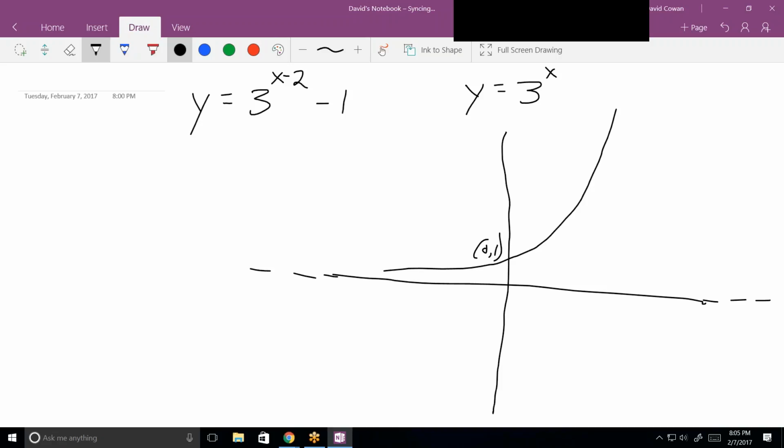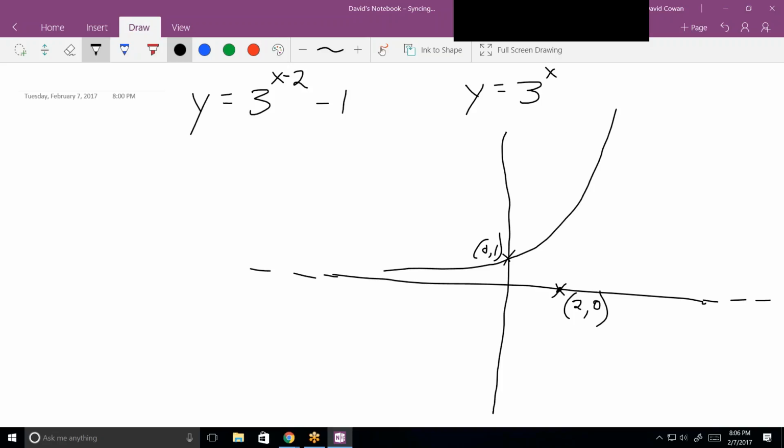To the right. And then 1 down. So if I shift 2 to the right, it becomes 2, 1. And if I shift 1 down, it becomes 2, 0. So this point right here is moved to there.